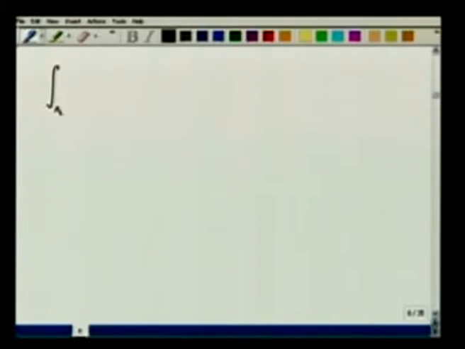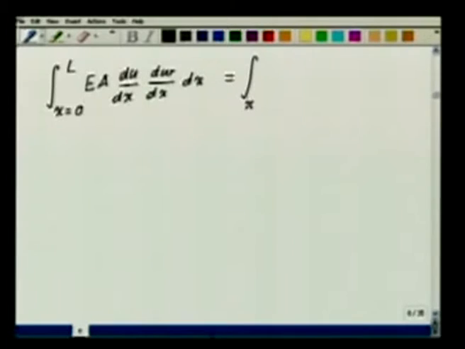Okay. So for our model problem, if we go back, we end up getting an expression of this form: integral of EA du dx dw dx dx is equal to integral x equal to 0 to L of f w dx plus the part at the end x equal to L. At the end x equal to L, EA du dx is equal to P. So we will put that P into W evaluated at the end x equal to L. Now minus EA du dx into W at the point x equal to 0.